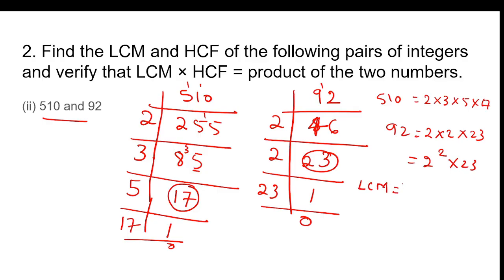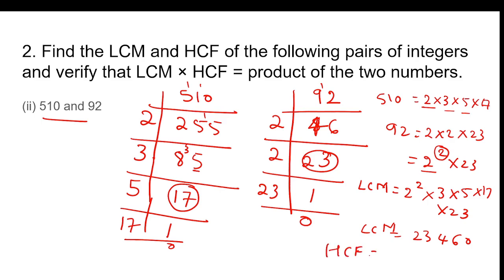LCM will be equals to, so 2 is common, yes, but the highest power of 2 is 2. So we have to consider this 2 to the power 2 into 3 into 5 into 17 into 23. Okay, so this is going to be 23,460. LCM equals 23,460.